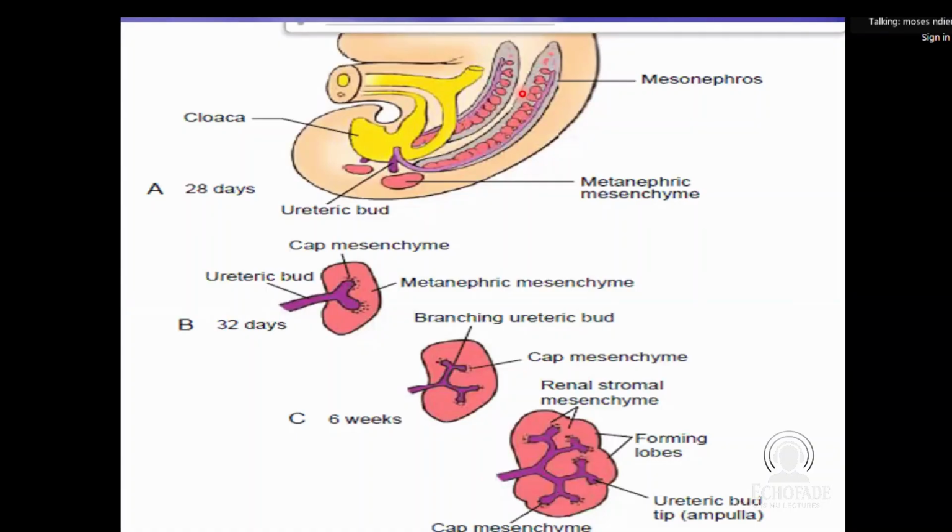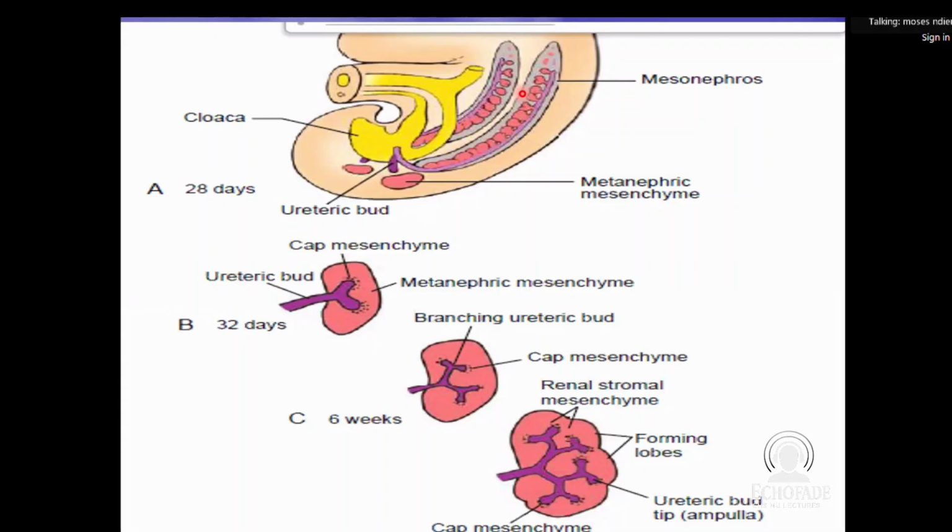Again, that is from the 5th, sometimes up to the 8th week, but this disappears. Urine is being formed at that stage. These tubular structures now collect into a common duct within the mesonephros that we refer to as the mesonephric duct. If you remember, when we were dealing with the male reproductive system, we had a mesonephric duct.